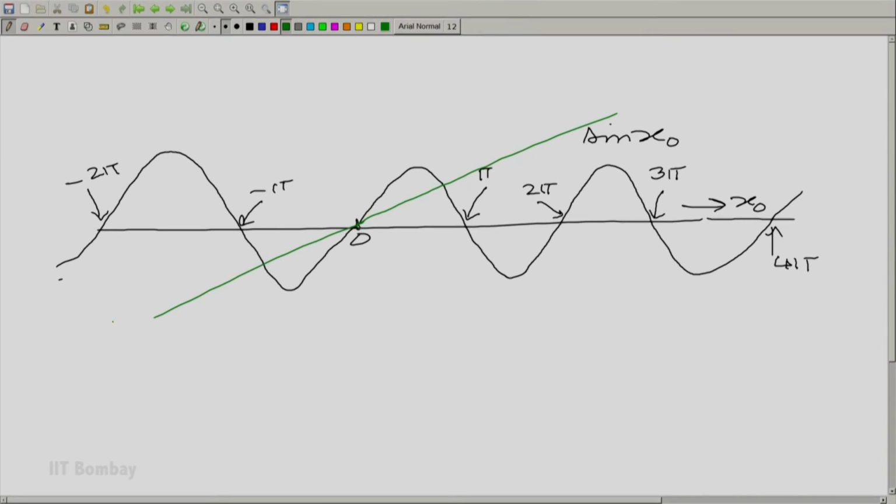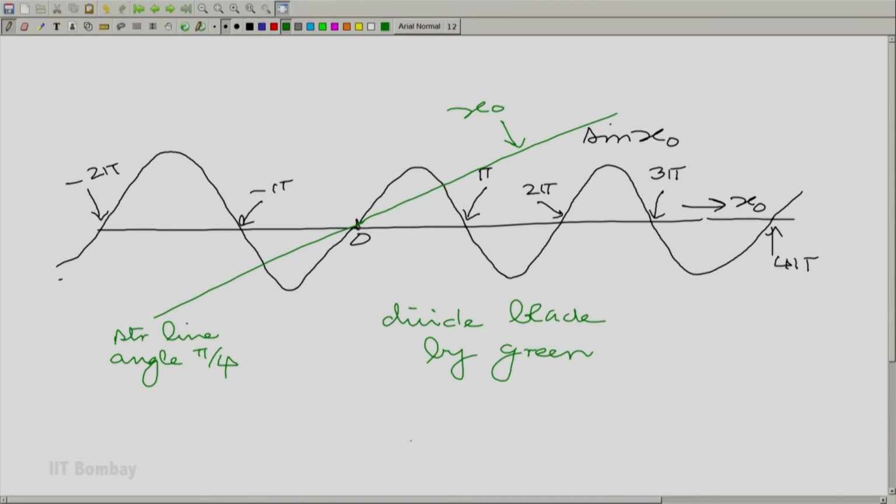So, x0 is like this, a straight line with an angle of 45 degrees or pi by 4, and we divide the black by the green. And you can see first of all that this is going to be an even function, because both of the individual numerator and denominator are odd. So, when you divide an odd function by an odd function, it is going to give you an even function.